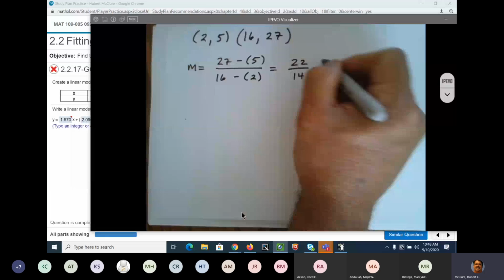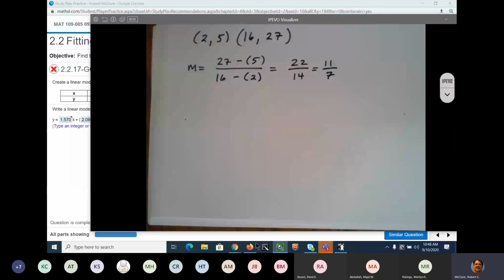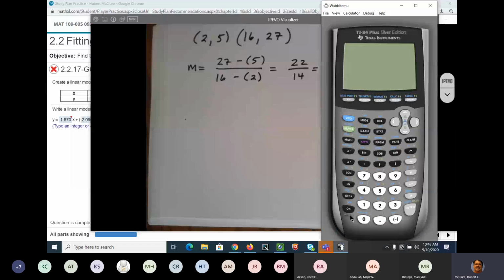And that's going to be 11 over 7. And 11 divided by 7, 1.5. That's what they're doing. They're using the first and the last point. Now I'm a little bit off. They got 1.570. I got 1.571.